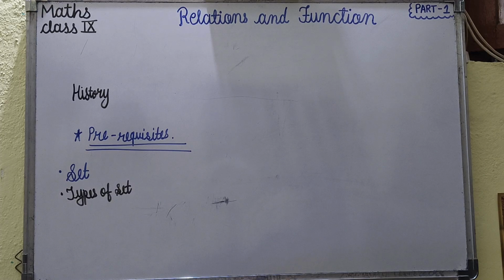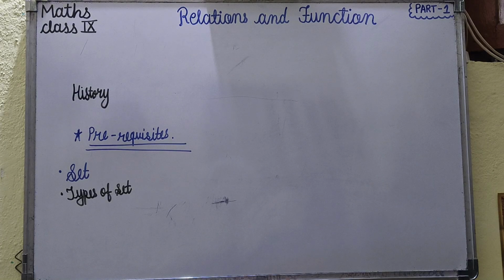Second, infinite sets: a set containing an uncountable number of elements is known as an infinite set. Equal sets: two sets are said to be equal if both the sets contain the same elements. Equivalent sets: two finite sets A and B are said to be equivalent if they have the same number of elements.